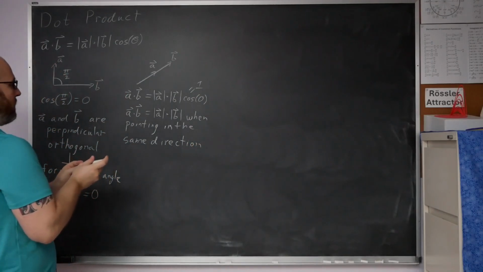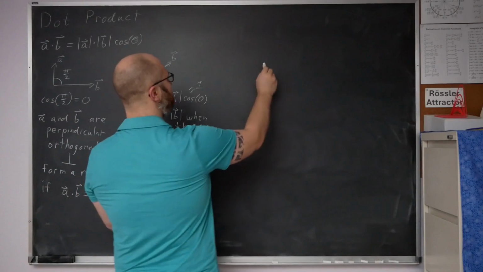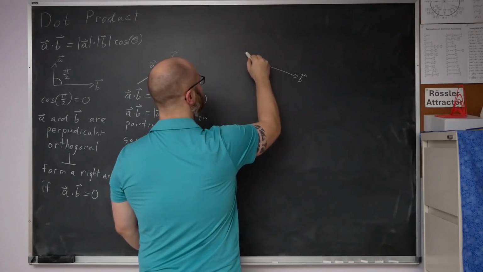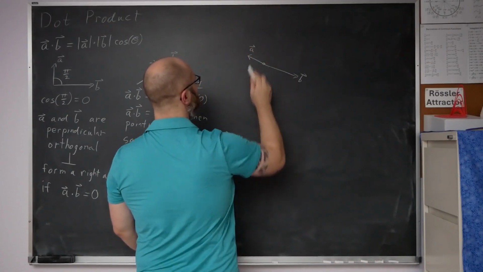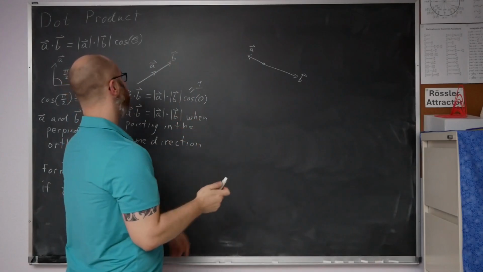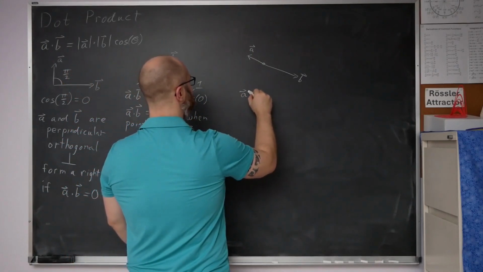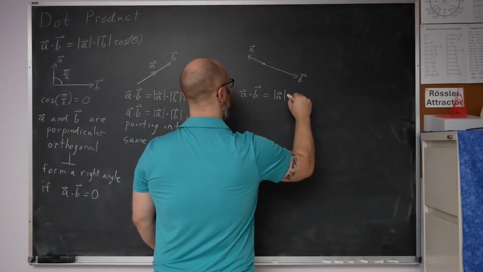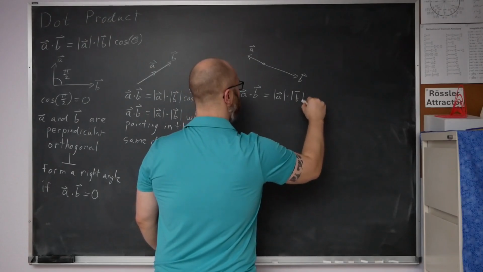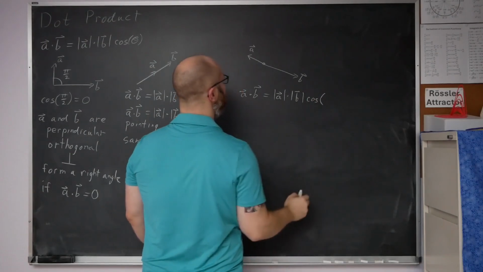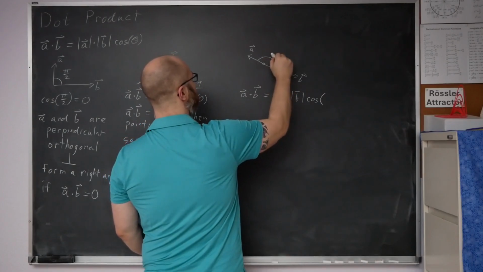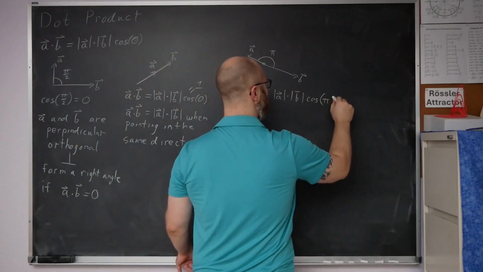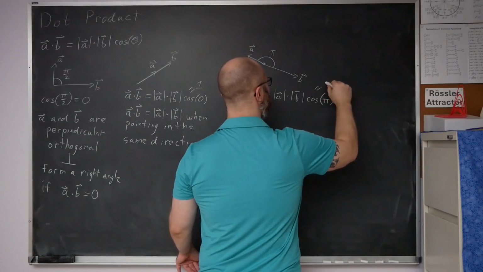It's slightly different if they're pointing opposite each other. So if I have vector B and I have vector A, and they're pointing exactly opposite to each other, then you're going to have A dot B equals magnitude A times magnitude B times cosine. In this case, the angle is pi. It's a full 180 degrees. But cosine of pi equals -1.